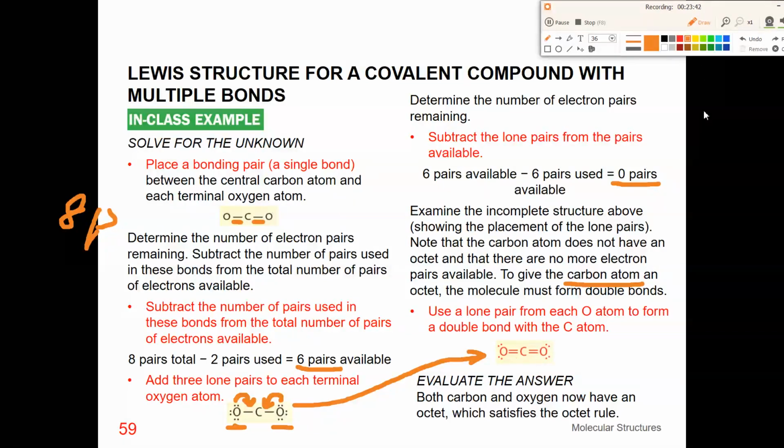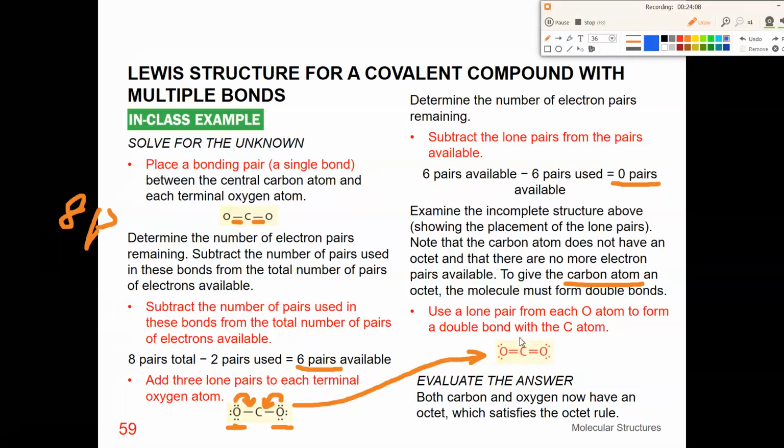So last step, don't forget to check octet for all the atoms. So we check terminal oxygen. Check these 2 terminal oxygens. Each pair is 2 electrons. It's 2, 4, 6, 8. Same thing, 2, 4, 6, 8. So both oxygens have 8 electrons.